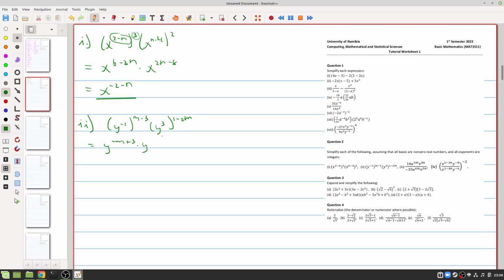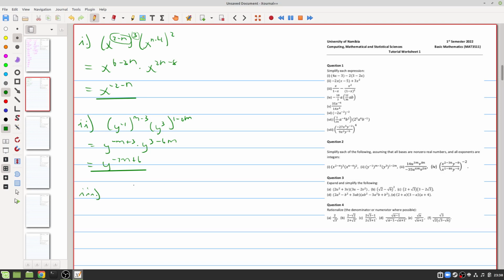And then the other y, multiply 3 with 1 minus 2m, so that gives us 3 minus 6m. And now again, we're multiplying the y's, so we add the exponents. So negative m plus negative 6m is negative 7m. And then 3 plus 3 is 6. And there's our answer. Easy.